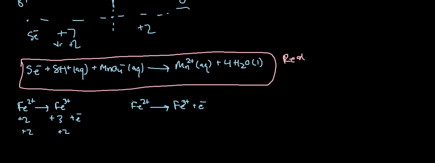So here it would be easier for me to multiply this whole equation. I guess I'll circle this, even though this was a very simple one. Sometimes both of them will be quite long like this, but it just so happens this one's not. So in order to make this an equal electron transfer, 5 electrons here, 5 electrons on the other side, I'm going to multiply this entire equation by 5.